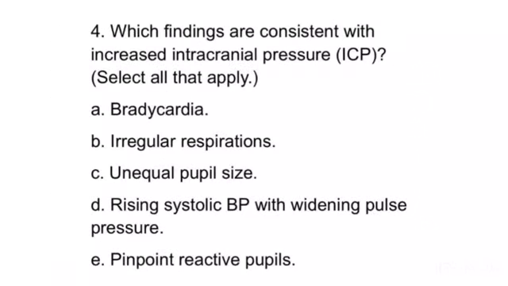4. Which findings are consistent with increased intracranial pressure, ICP? Select all that apply. A. Bradycardia. B. Irregular respirations. C. Unequal pupil size. D. Rising systolic BP with widening pulse pressure. E. Pinpoint reactive pupils.